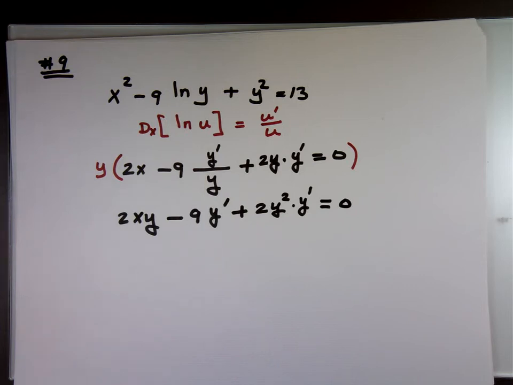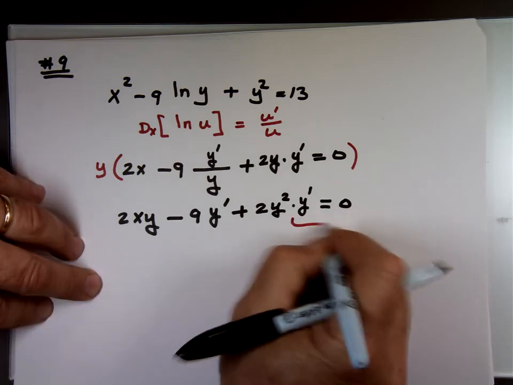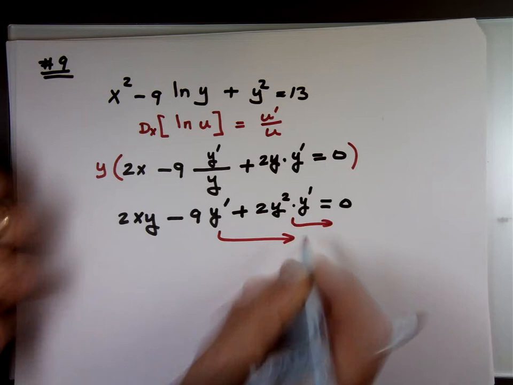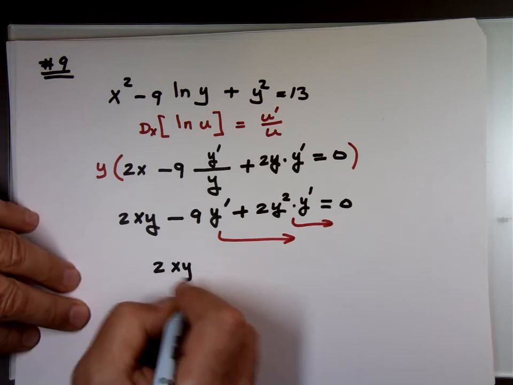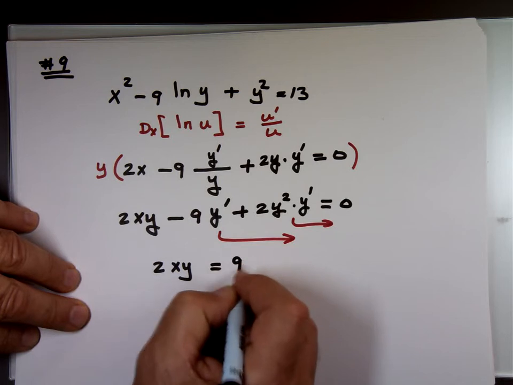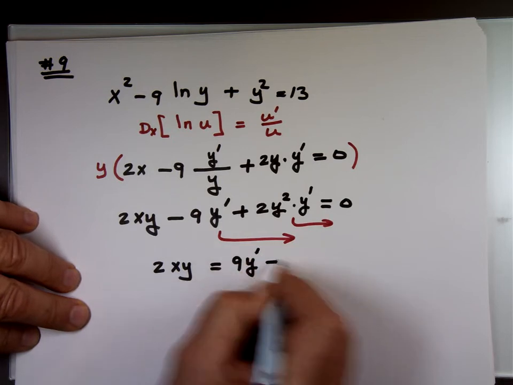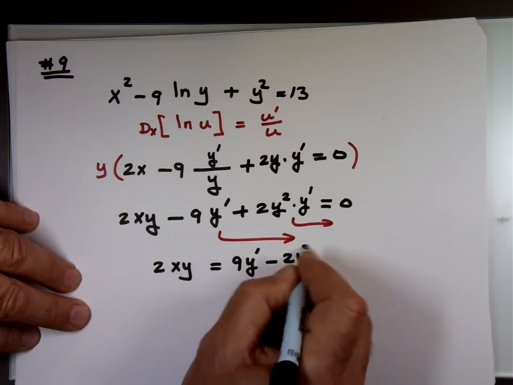I can move the y prime to that side. 2xy will equal what? 9y sub prime minus 2y squared y sub prime.